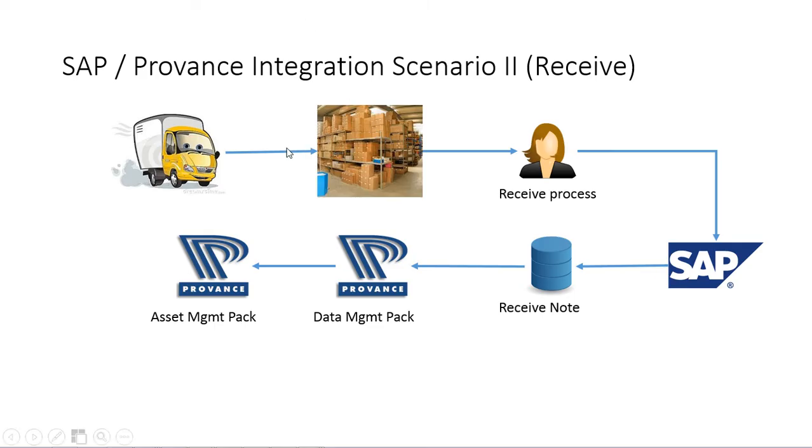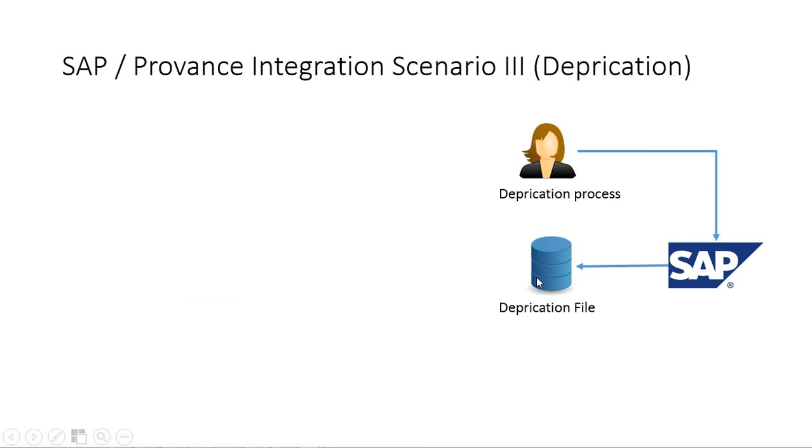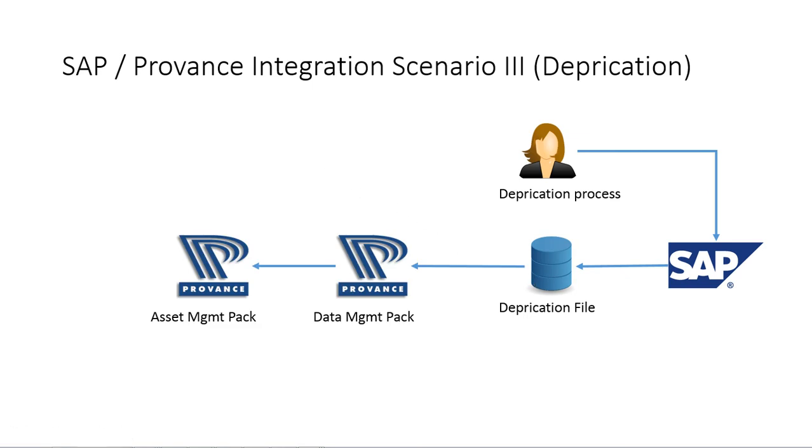Okay, I simply prepare the last step. Maybe then the machines get installed and go into operation, and after a period of time they get deprecated. So the deprecation process starts, somebody updates the information in SAP, creates a file, and you know that story already.